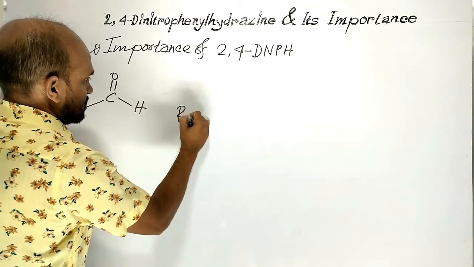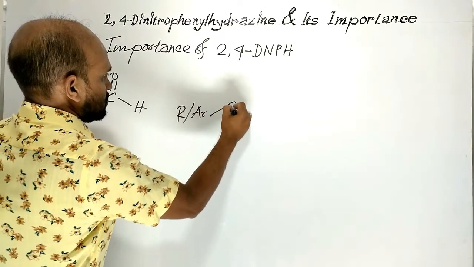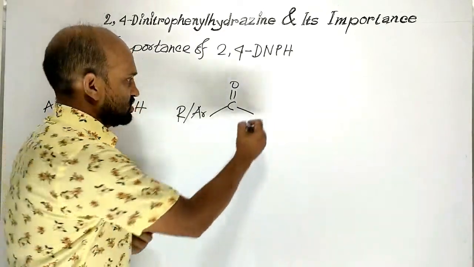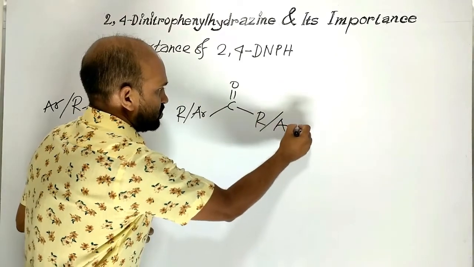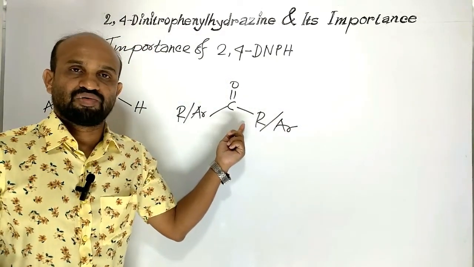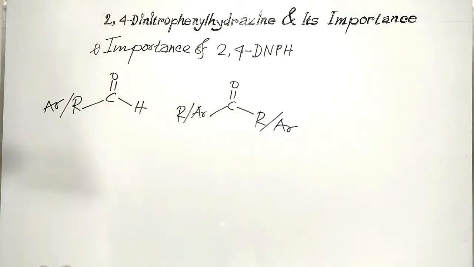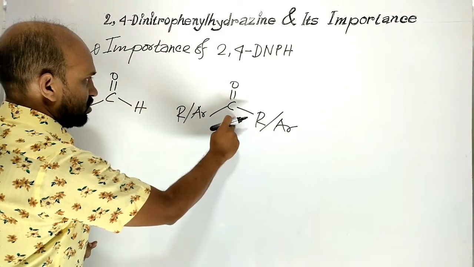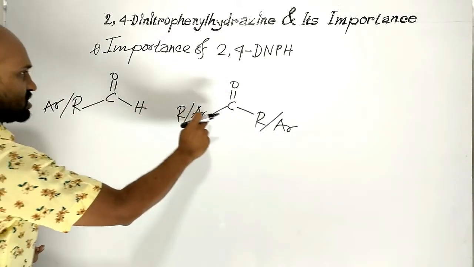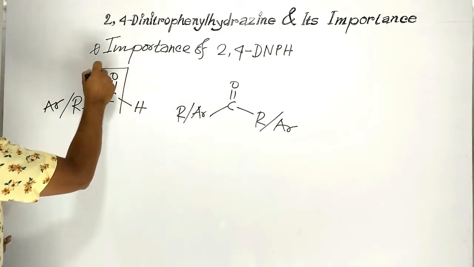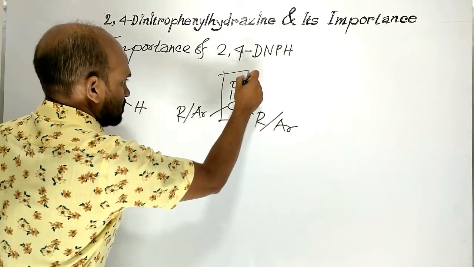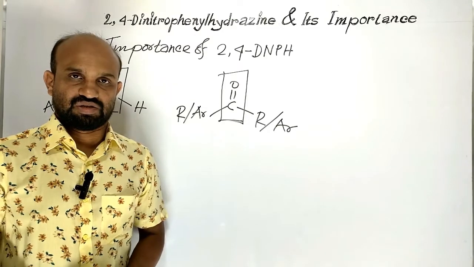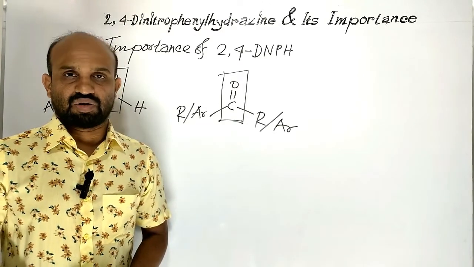When alkyl group, aryl group, CO, here this hand is satisfied with alkyl group or aryl group, then it will be general formula of ketones. So this is a general formula of aldehydes and this is general formula of ketones. Aldehydes and ketones contain carbonyl group. This carbonyl group is detected by 2,4-DNPH. This is the importance of this compound.